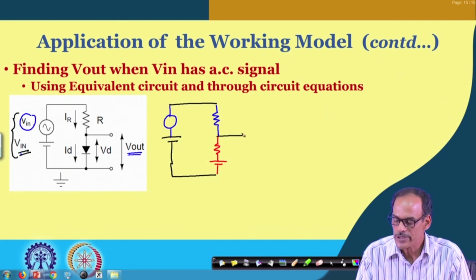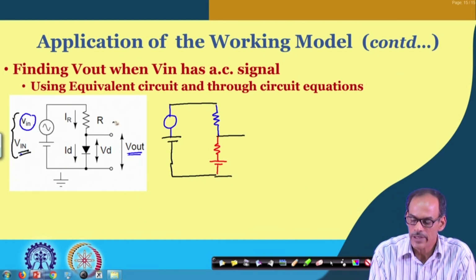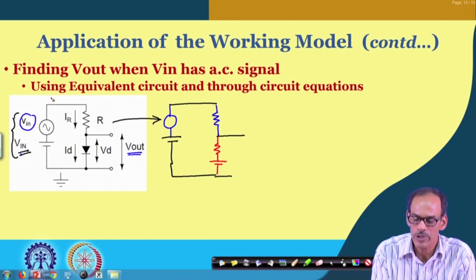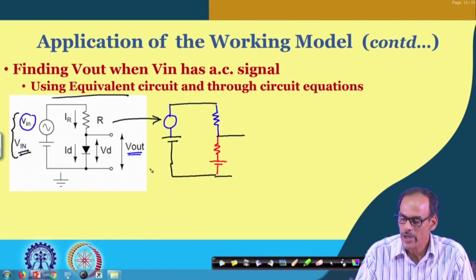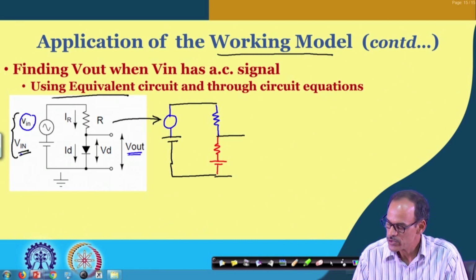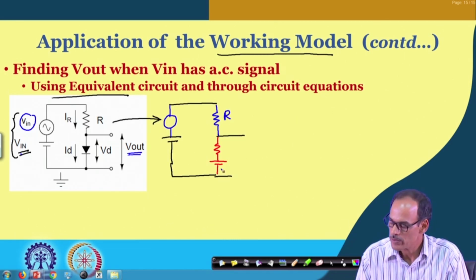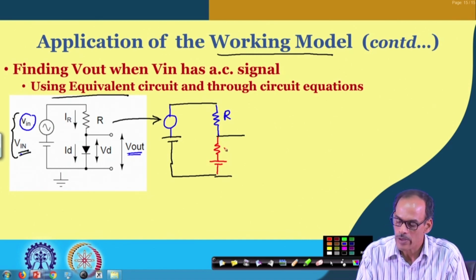So, this is I should say the equivalent circuit. So, now we can say that the actual circuit is getting converted into the equivalent circuit, where we are using the working model for the diode. So, we have R here, same R, and we have the R on here, we have V gamma.